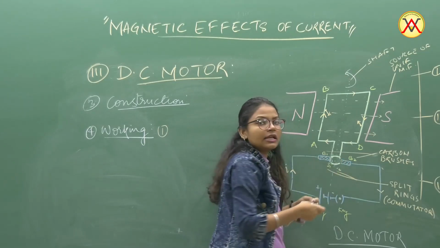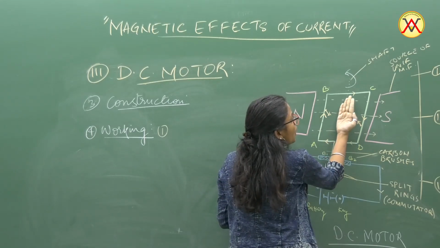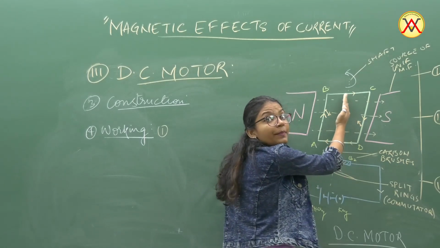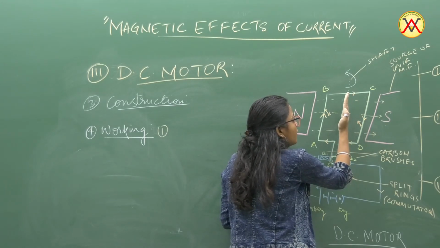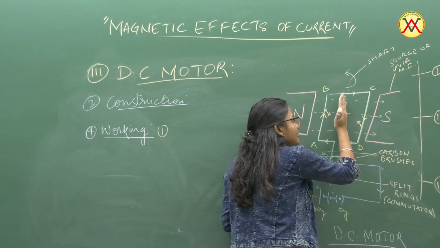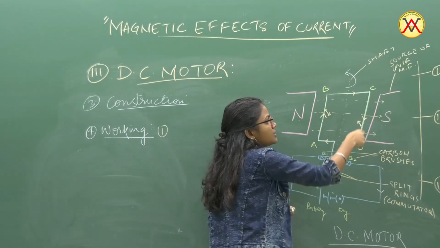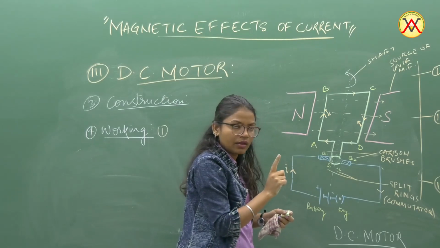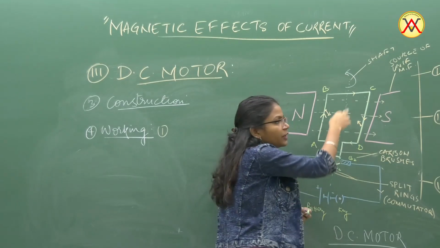When they lose the contact with carbon brushes, what is happening? Since our coil has already gained some momentum, due to that momentum, this coil will rotate slightly on itself even after losing contact, when there is no current in our circuit. When the contact is lost, circuit is open, so there will be no current.